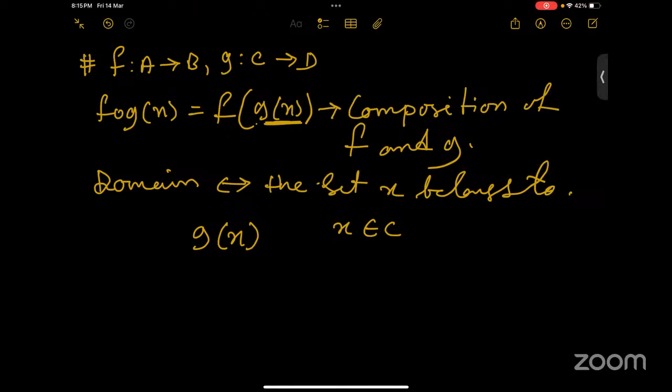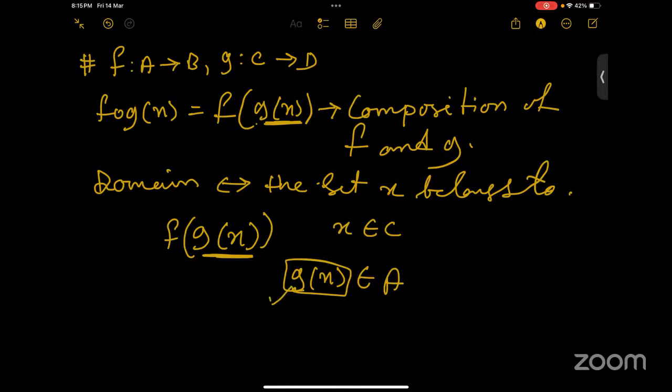Then we are applying f over g of x. If we want f of g of x to be defined, we need g of x in the domain of f, that means A, right? And we know g of x is a member of D. G of x is the image of the function, so it will lie in the codomain.